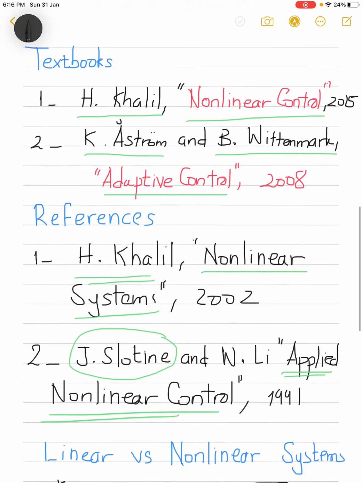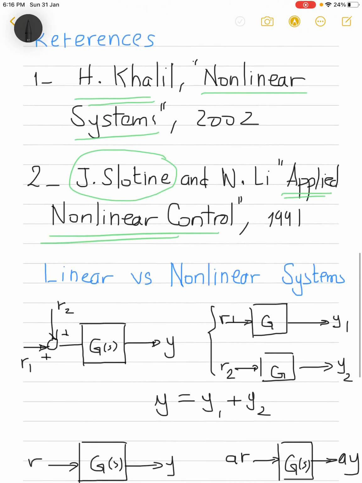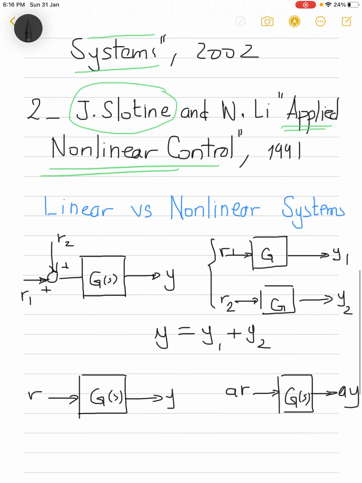Now let us see the difference between linear and nonlinear systems. If we assume a linear system, G of s, and we assume that at the input there are two signals added together, which are R1 and R2, and they are both acting on the system, and the result of the system is y.